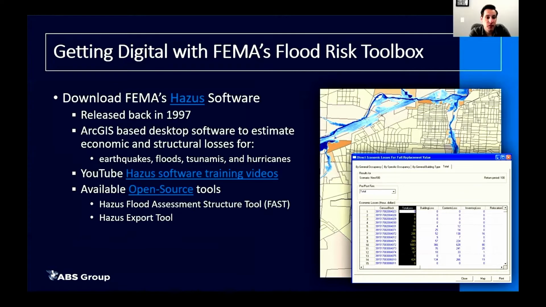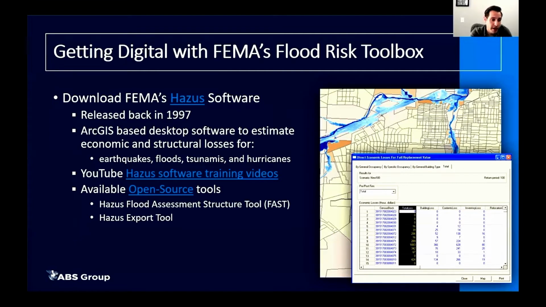If you do have access to it, you can load it up, and it's going to provide you estimated economic and structural losses for a number of natural hazards, flood being one of them. About a year or 2 ago, FEMA did release a number of Hazus training videos to really walk you through using the software. So I encourage you to check those out.